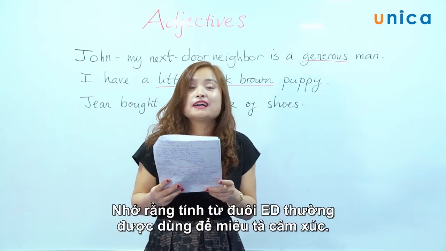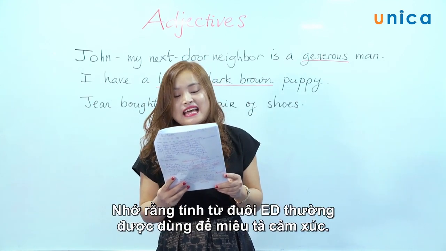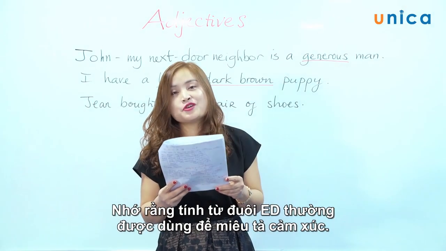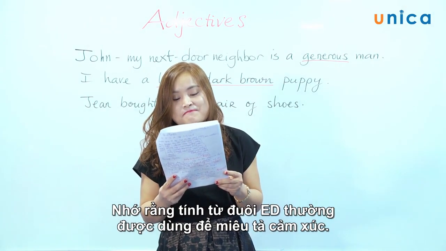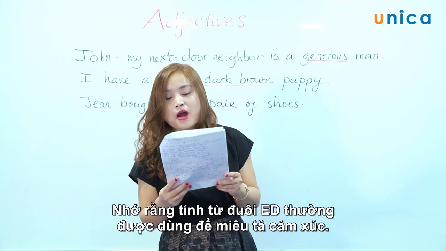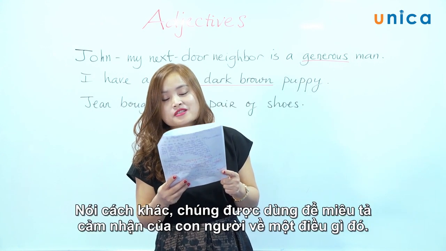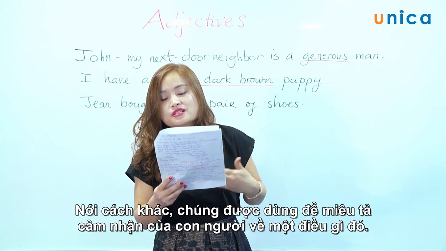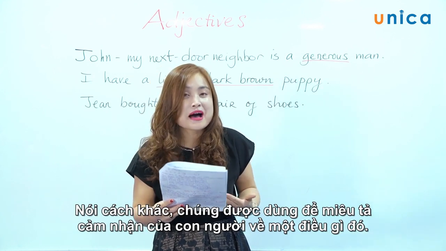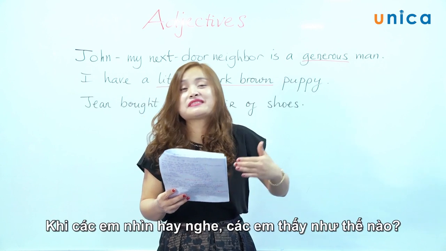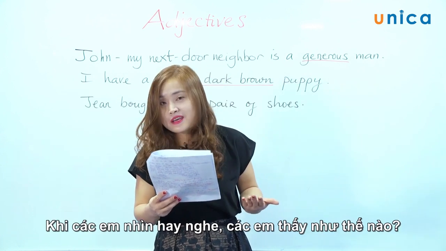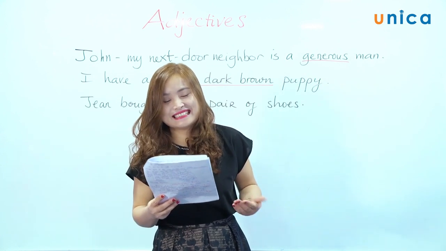Alright, so remember, adjectives that end in ed normally are used to describe emotions or feelings. In other words, they are used to describe how we feel about something. When you see or hear something, how do you feel?